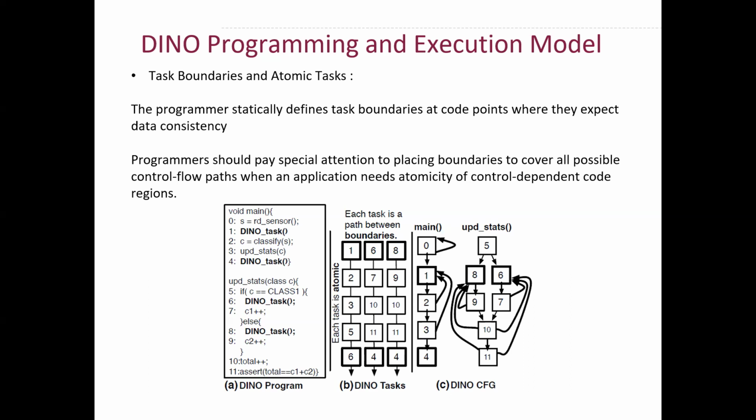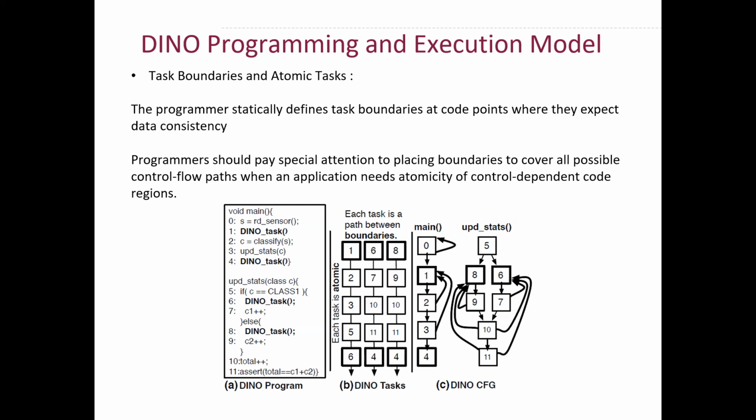This DINO task is a task boundary, and the compiler or DINO suggests where to put this task boundary. This figure shows part of an activity recognition program, which is one of the benchmarks for assessing DINO's capabilities. But this program in part A is decorated with task boundaries and slightly modified. The figure shows statically placed boundaries in line with program code.